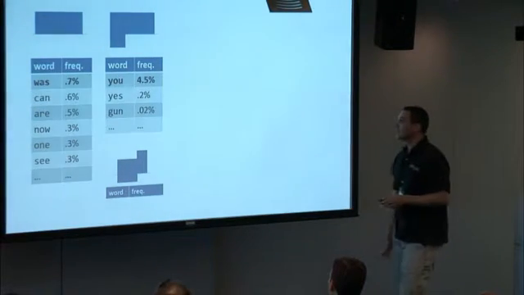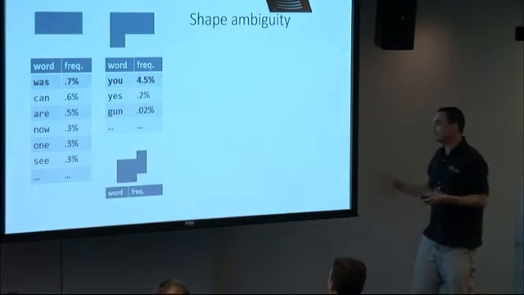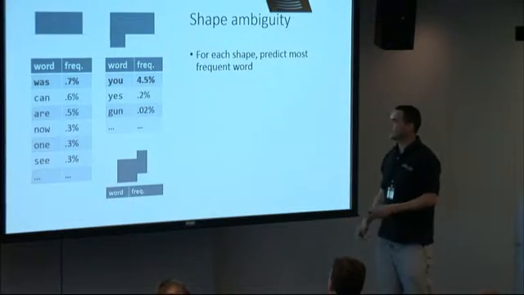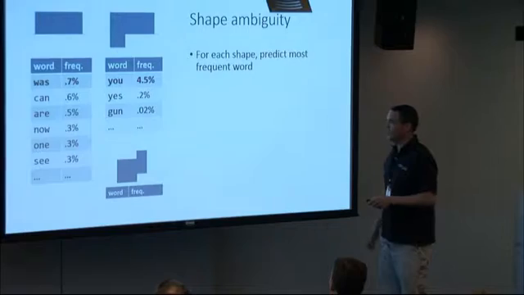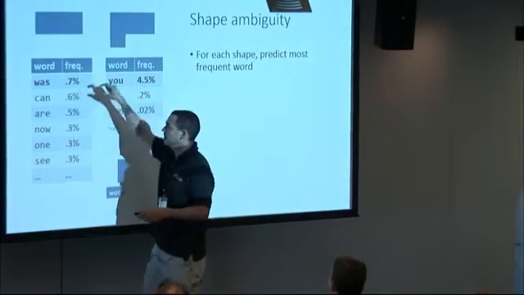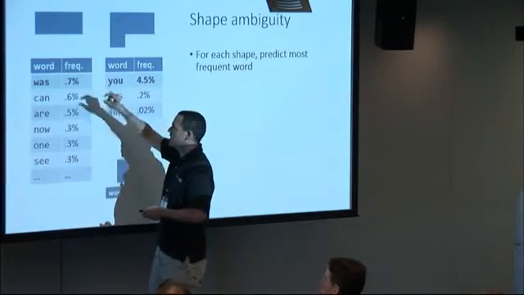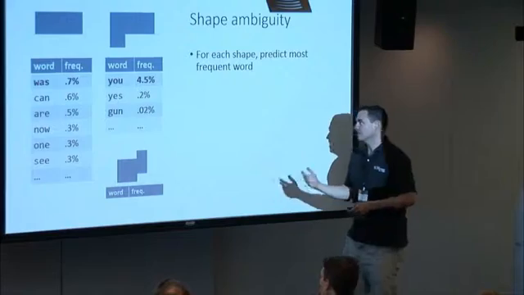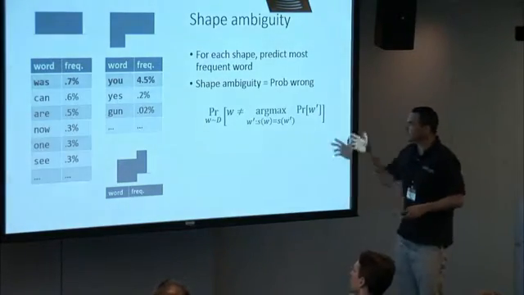Too bad. Okay, so let's think about what you want from a language. A simple model would be to say, let's say we picked a word from our dictionary, distributed like English, and then looked at its shape. If we just saw the shape and guessed the most likely word, how often would we be right, or how often would we be wrong? So let's say our ambiguity is how often we'd be wrong.